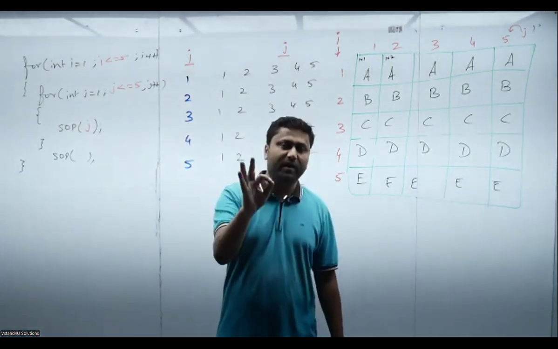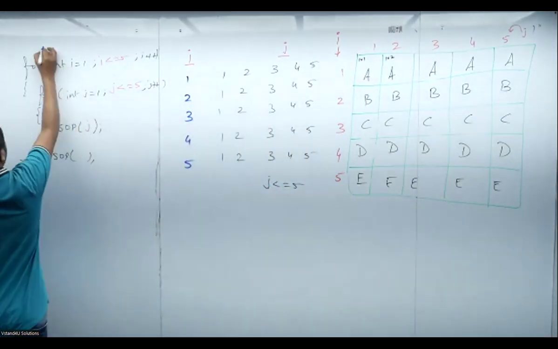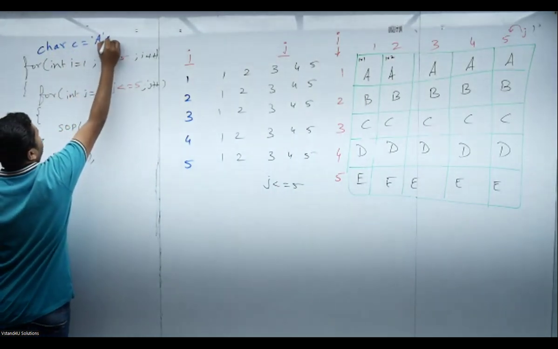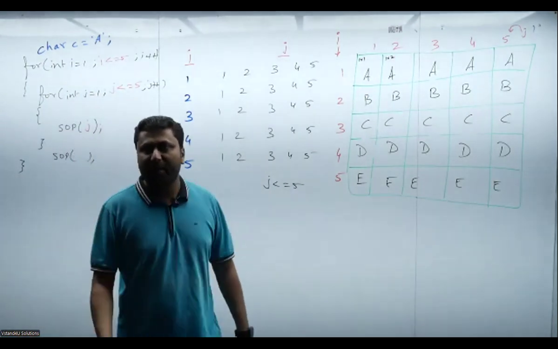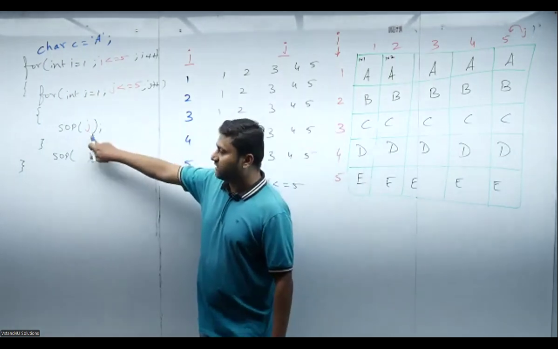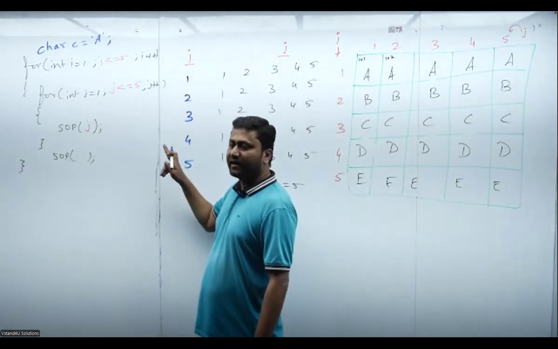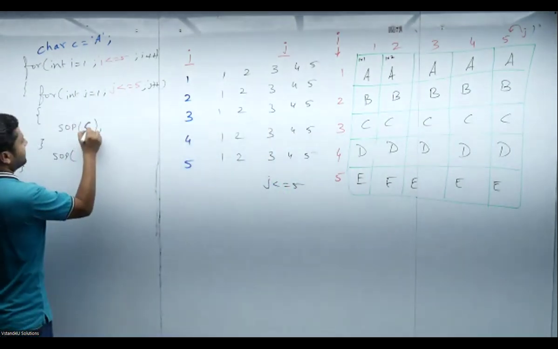One approach which people follow is to take a character variable: char c equal to capital A, if you want to print capital A. And they'll start printing c. Next time onward, they'll start adding c++. So basically here I'll print c.